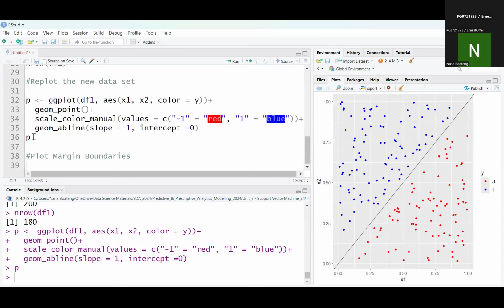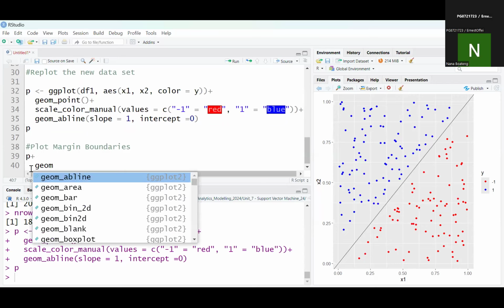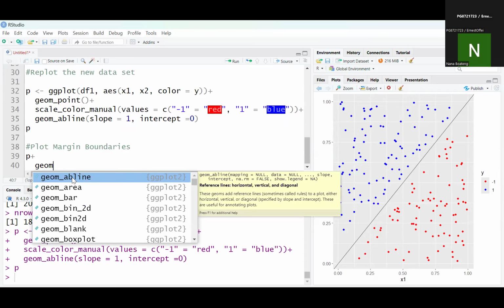So we are taking everything here and then we are adding AB lines just at the top and then at the bottom. Okay, so let me start with our P. Let's add a geom AB line.